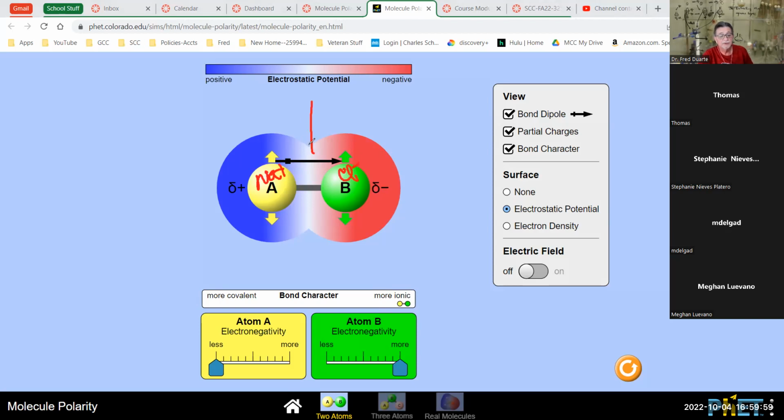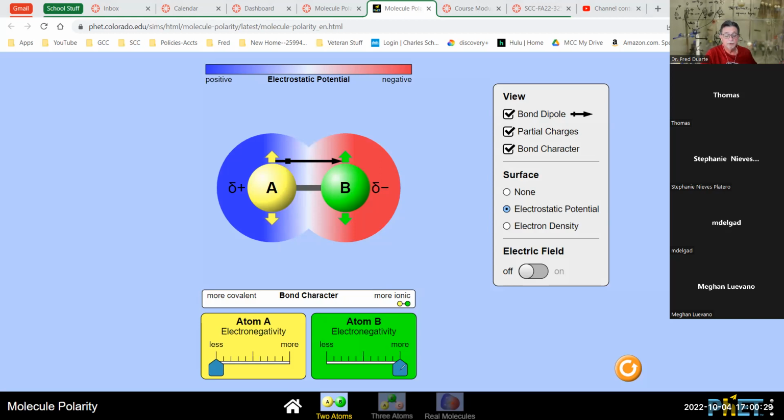Notice here, there's no sharing of electrons. It's just a total attraction of positive and negative, okay? Because the electronegativity between the two is so large that literally there's no sharing going on; one atom is going to take the electron density completely from the other. So we end up with a species with a lot of ionic character.